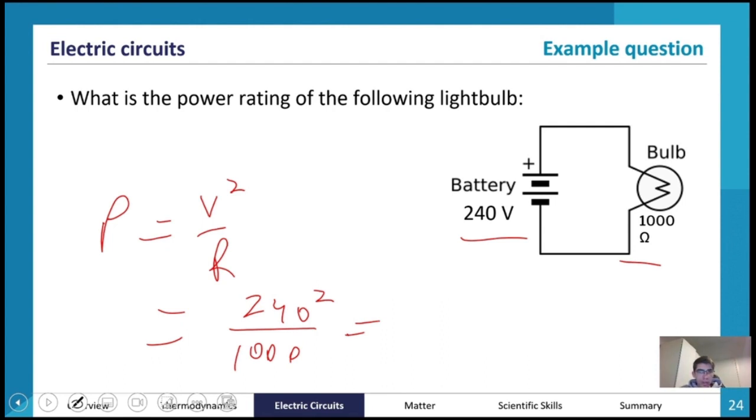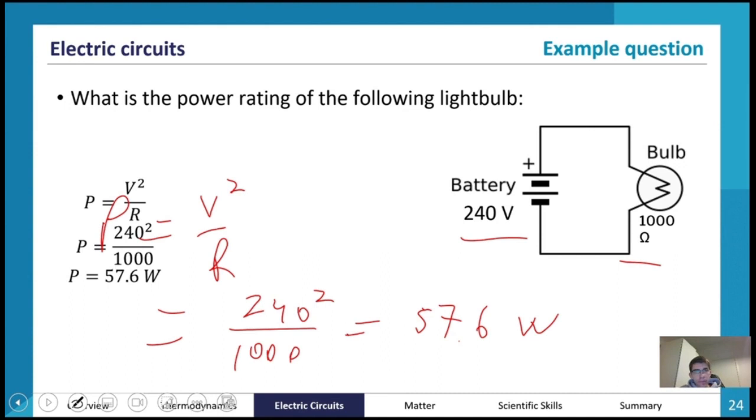In that case, it is 57.6 watts. The solution is right there.